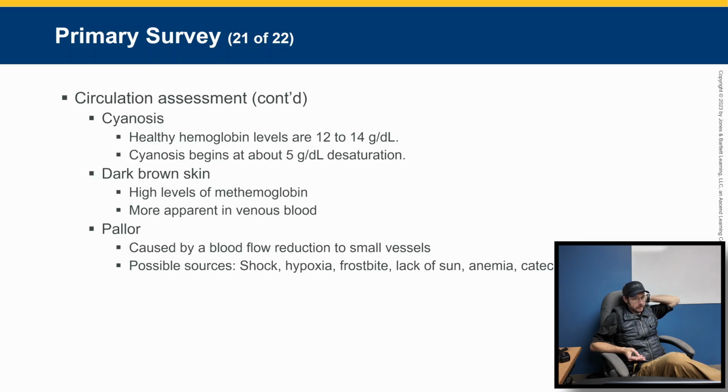Does anybody know where you start to see methemoglobin? It's more in the venous blood, you'd see a more significant change in color there. But what kind of condition would you expect to see this in? This is something you would see in carbon monoxide type poisoning.